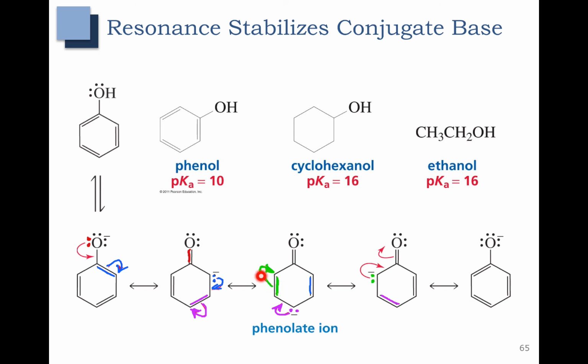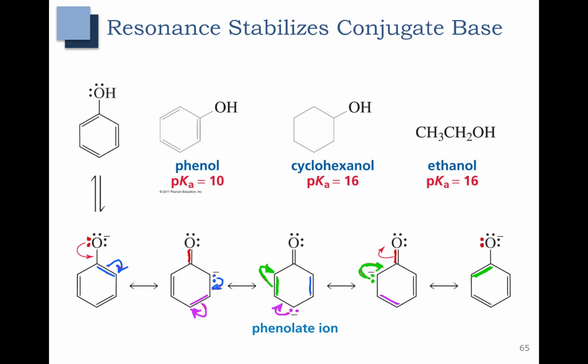So the green electrons come up to form the green lone pair. And then the last thing we do, the last resonance structure, we move those green electrons over to form a double bond. And guess what? The red electrons that were there go up to form the red lone pair. So these are all of our possible resonance structures that we can get.